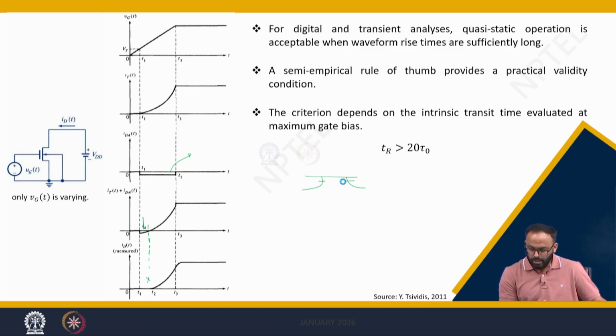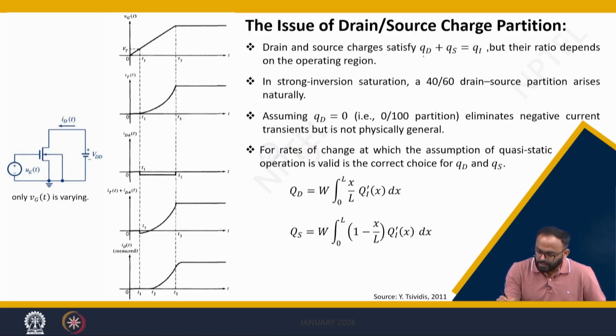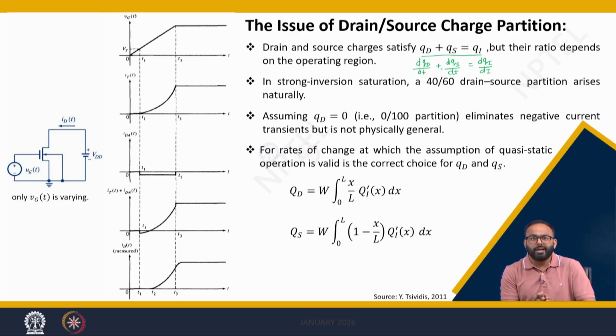Meaning, you can simply see that we define the total change in charge in the channel as the change in the fictitious charge at the drain side plus the change in the fictitious charge at the source side, which gives you the total change in inversion charge. In this change in charge, we can divide the contribution of this fictitious charge.